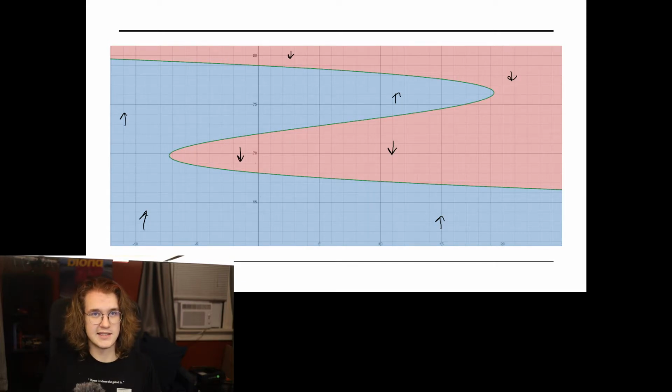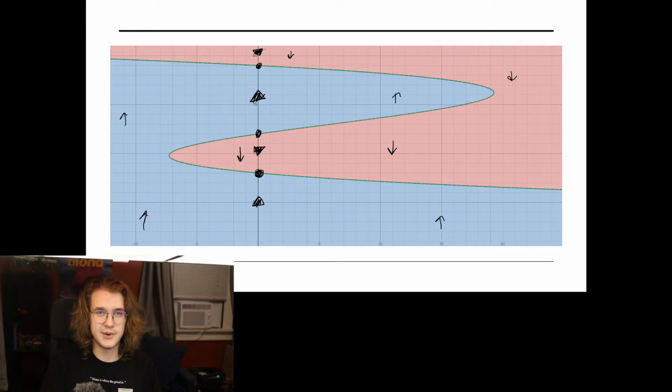Again, we can think of this as a phase line. If I draw these in right here, we have increasing temperature right here, decreasing temperature, increasing temperature, and finally up here, we're going to have decreasing temperature.